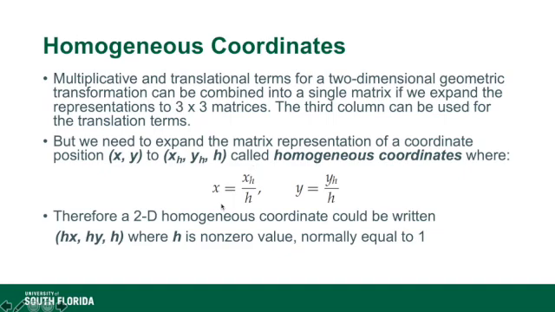In such a case, x is equal to xh divided by h, and y is equal to yh divided by h. Therefore, a 2D homogeneous coordinate could be written as h times x, h times y, and h. We define h times x as xh, as we can see here. Normally, h is selected as a non-zero value and normally equal to 1 most of the time.